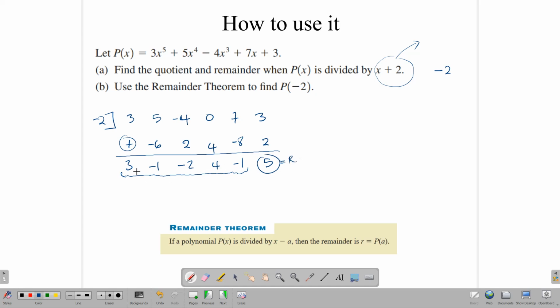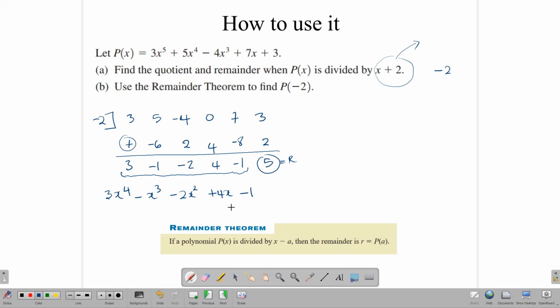So we can write out our quotient as, starting with 1 degree less, 3x to the 4th minus x to the 3rd minus 2x squared plus 4x minus 1, and our remainder of 5. Of course, it would be 5 over x plus 2. So we have found the quotient, and the remainder is 5.